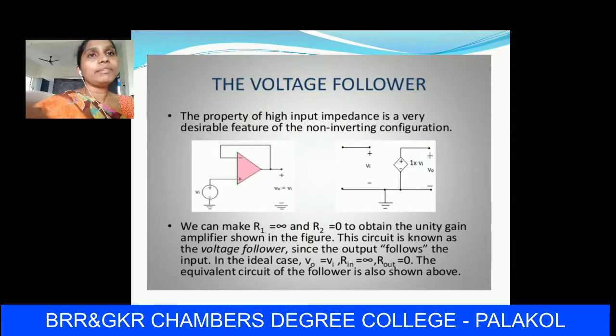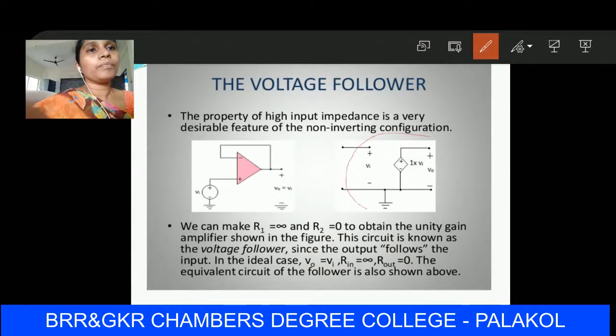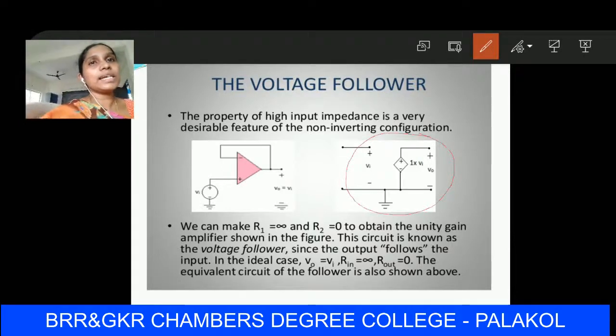Desirable features of the non-inverting configuration. Here this is an ideal op-amp equivalent circuit. Then we make R1 equal to infinity and R2 equal to 0 to get the unity gain amplifier shown in the figure. The circuit is also known as a voltage follower.